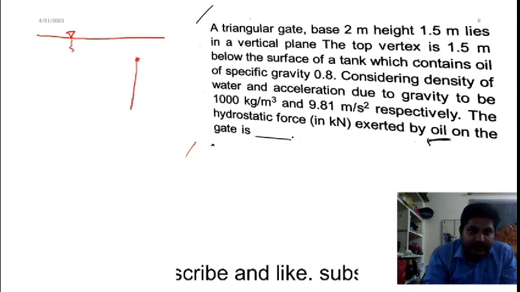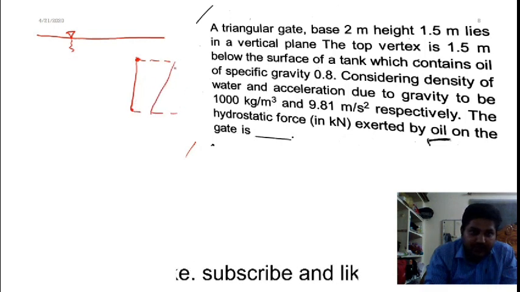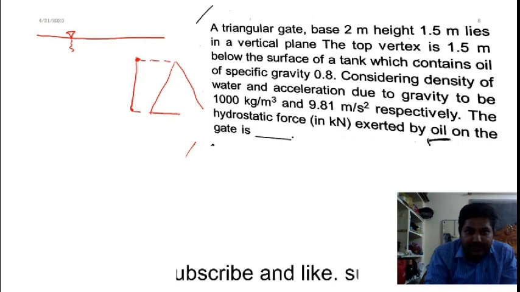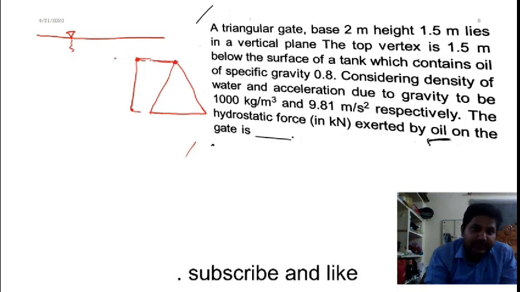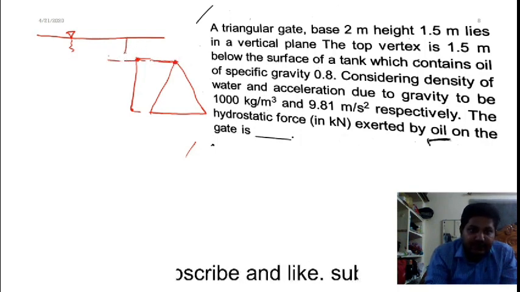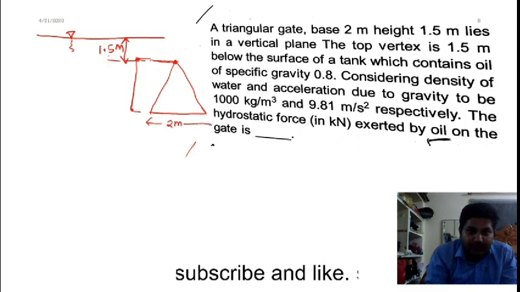If you see the side view of this one, it is looking like this, and it is kept in vertical direction. This is my top vertex. The top vertex is at a distance of 1.5 meter from the free surface, and the base of this one is 2 meter, and this height is 1.5 meter.